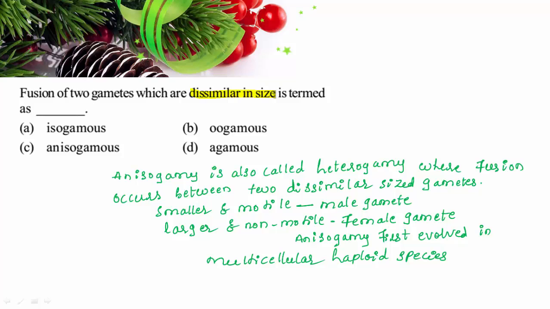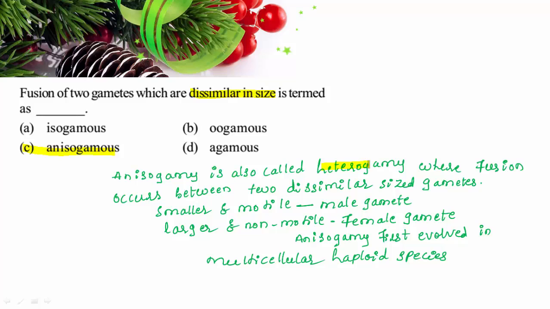So when gametes are of the same size, it is isogamous or homogamous. When gametes are of different size or dissimilar size, the type of the fusion is called anisogamous. So anisogamous is also anisogamy.